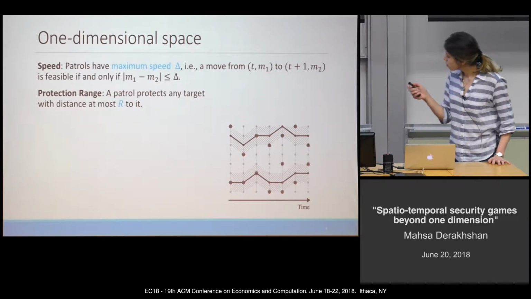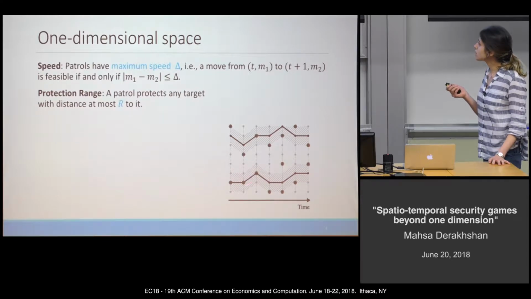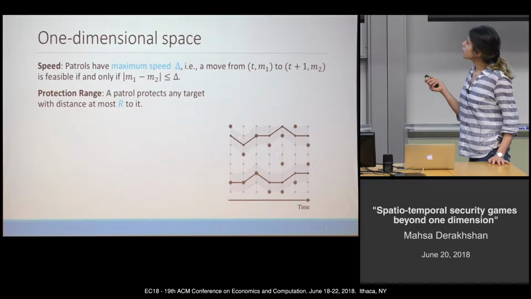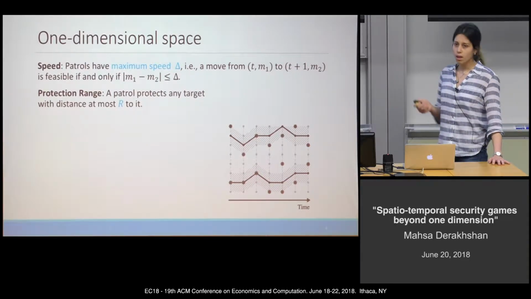This is the visualization of one-dimensional space, and these are two patrol paths. This is time, and this is our space, which is repeated the number of times. This gray area is the protection range of these patrol paths, and the targets are protected if and only if they are in this gray area.